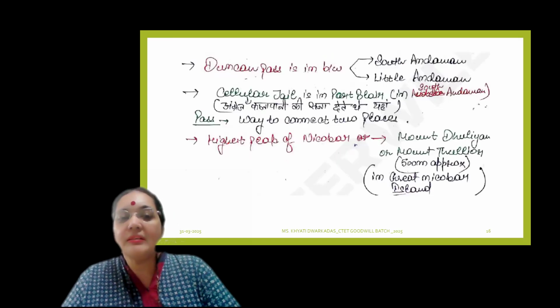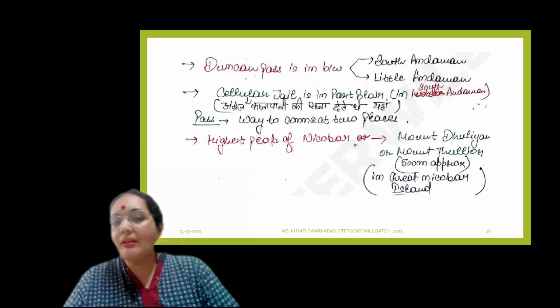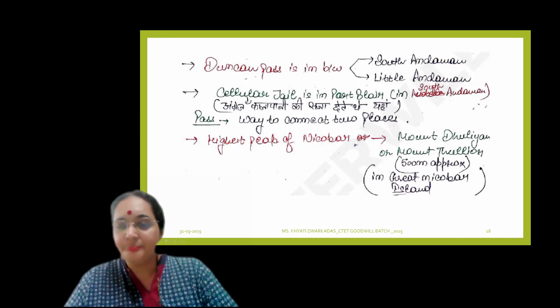Then you have the Duncan Pass, which is in between South Andaman and Little Andaman Island. You have the Cellular Jail, Kalapani, in Port Blair, which is in South Andaman. A pass, as we know, is a way to connect two places.